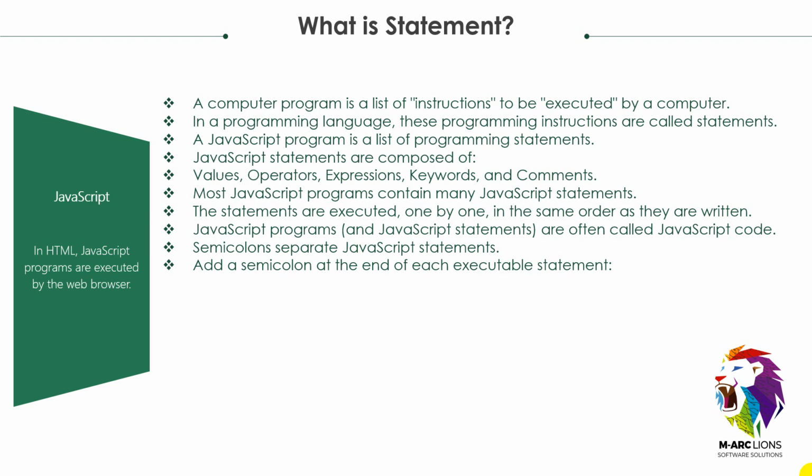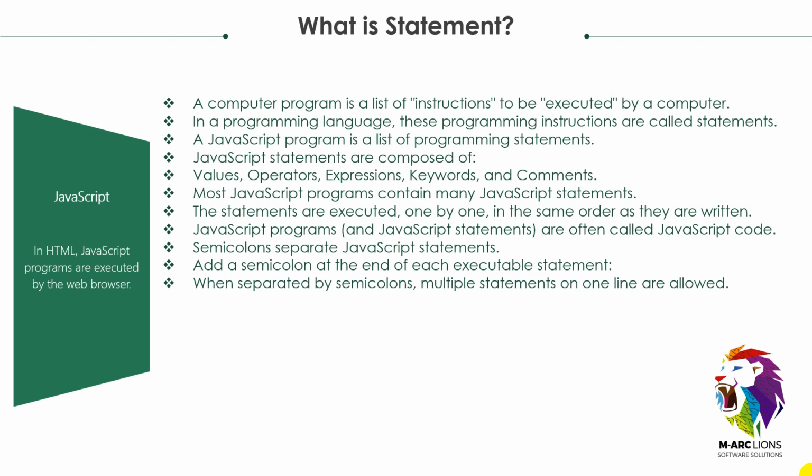But we highly recommend that you write a semicolon at the end of each statement, so that it can be easy to read, easy to handle, and it may not cause a problem. It is not necessary, and the JavaScript code can still run, but it can create problems as well. That's why it is recommended that you write a semicolon at the end of each statement.